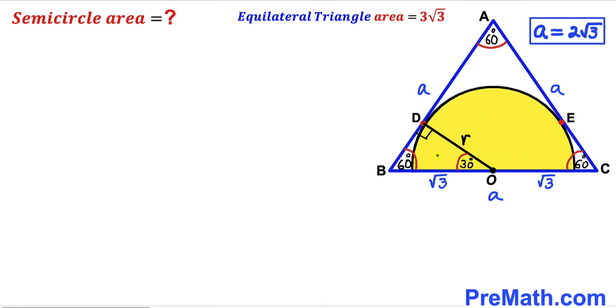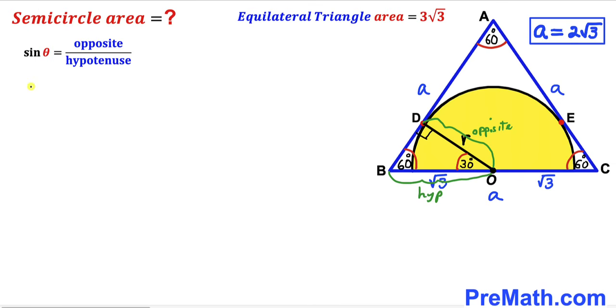And now let's focus once again on this right triangle ODB. And now let's recall this famous trigonometric ratio. Sine of theta is always equal to opposite divided by hypotenuse. So therefore, for our angle 60 degrees, this side is the opposite side of this angle, whereas this is our hypotenuse.